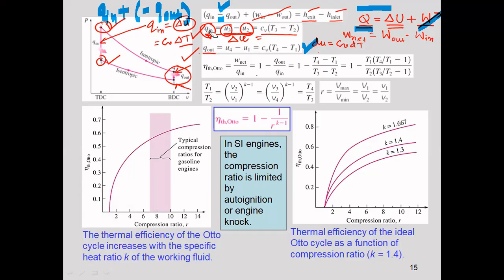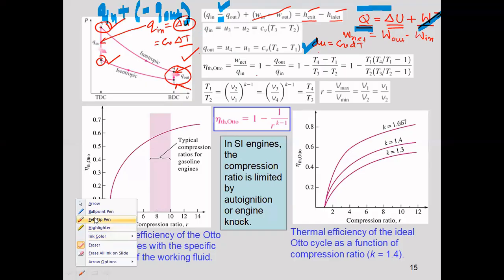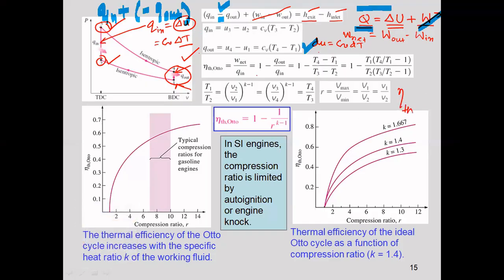Okay. Next, therefore, we understood how we have derived Q in and Q out, and therefore, if we try to understand what is the efficiency? Thermal efficiency is nothing but W net by Q in. Again, W net means what?